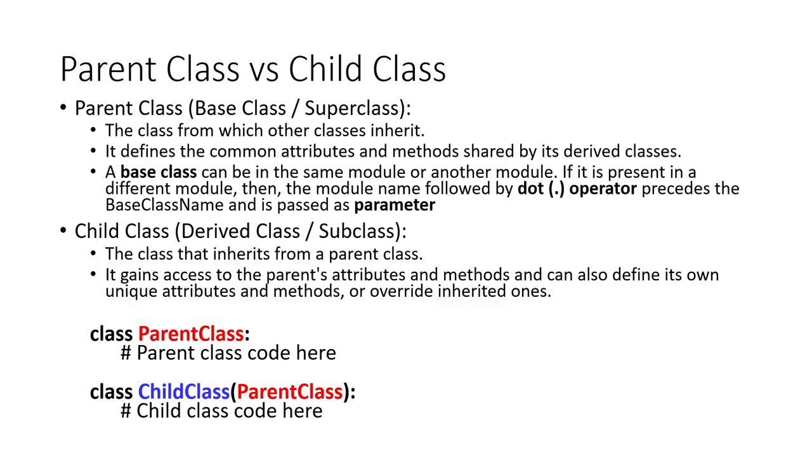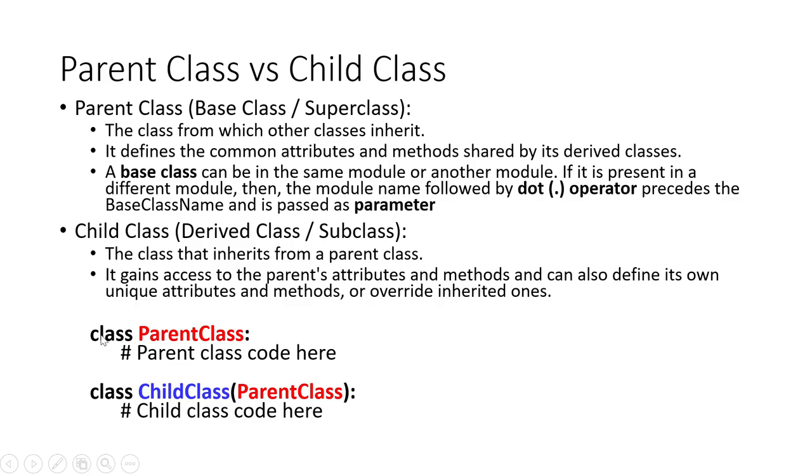Here we will see the syntax of base class and derived class. As I have mentioned, the base class is the root. Any number of child classes, also called subclasses or derived classes, can inherit the properties of the base class. So here is the definition to create the base class: class, then your parent class name.